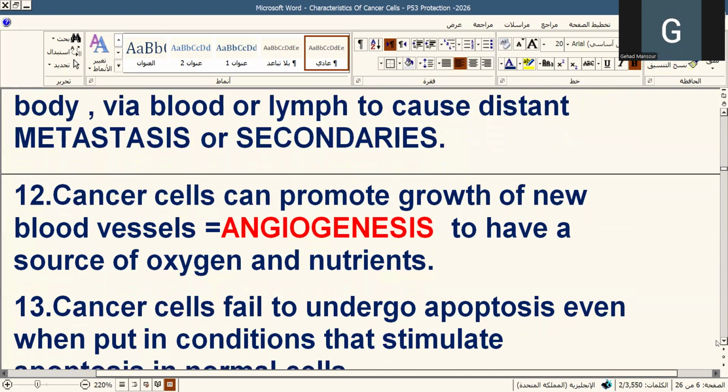For example, you might have cancer cells in the breast, and then they migrate via lymph and via blood to the bones. So you start having nodules or masses of cancer in the bone that arose from the primary tumor, which was in the breast.